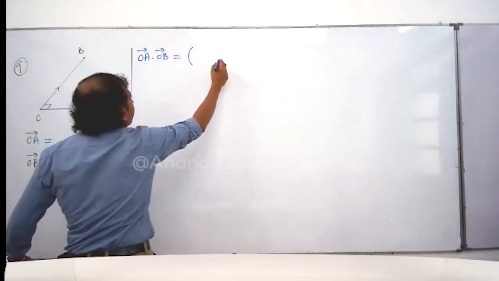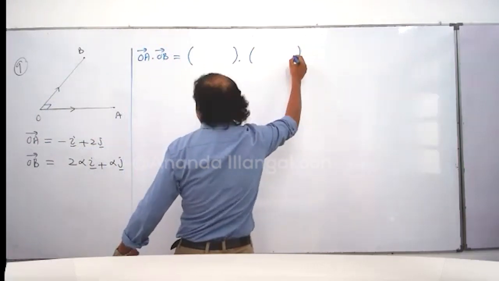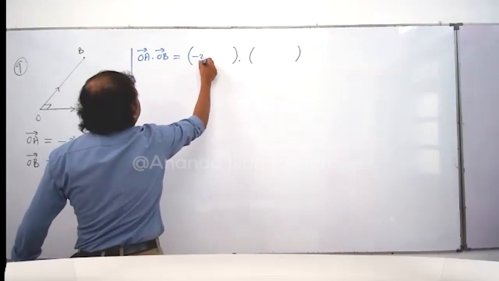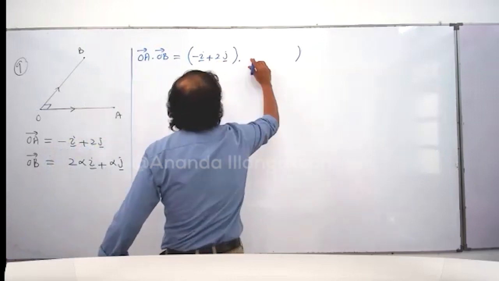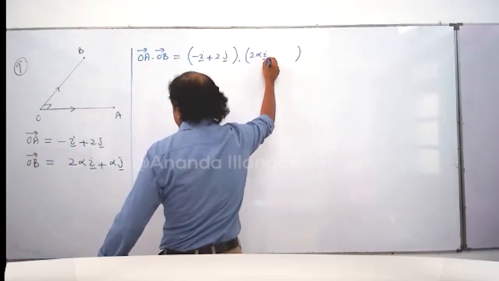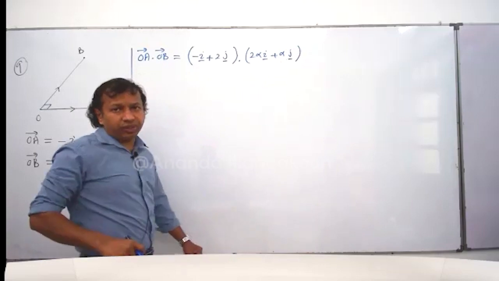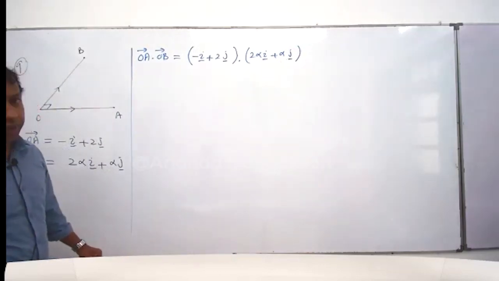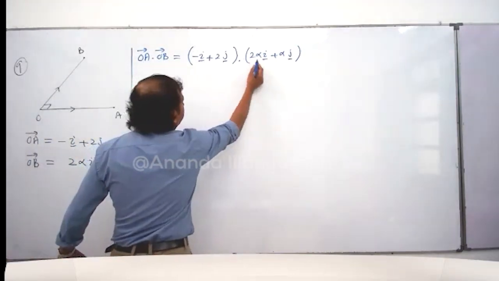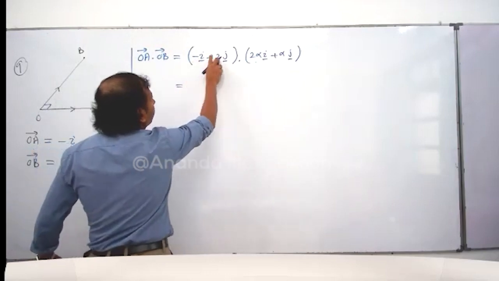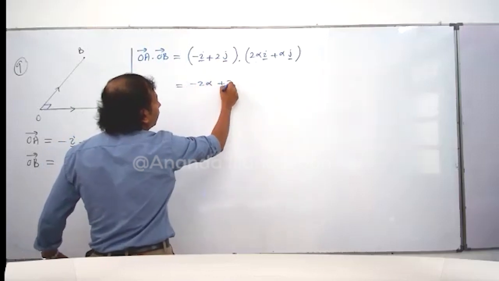OA vector is minus i plus 2j, OB vector is 2 alpha i plus alpha j. When two vectors are expressed in ij form, we know how to take the dot product: multiply i coefficients, multiply j coefficients. i: minus 1 and 2 alpha, minus 2 alpha. j: 2 and alpha, 2 alpha. This is 0.